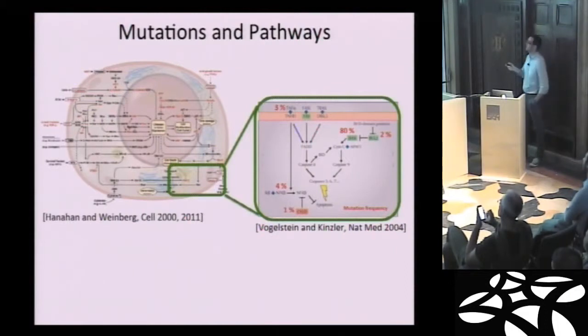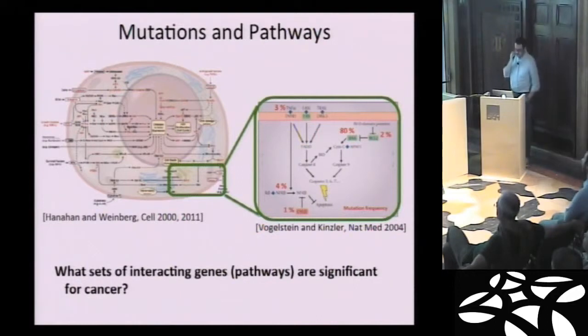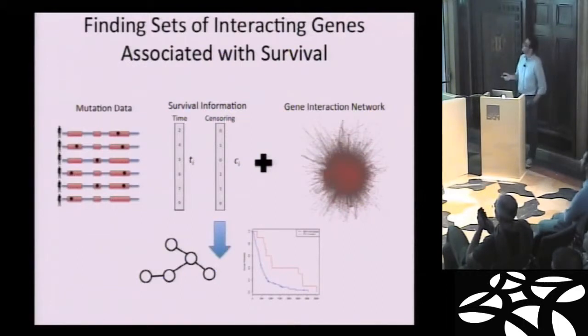So it might be that this function is associated with survival, and there may be genes associated with survival when we look at the entire set, while if we look at each gene individually, we cannot really identify this set associated with survival. So the question we want to ask then is, what are these sets of interacting genes, or pathways as they are called in biology, that are significant for cancer in general? And in particular for us, we will be looking for sets of interacting genes that are associated with survival.